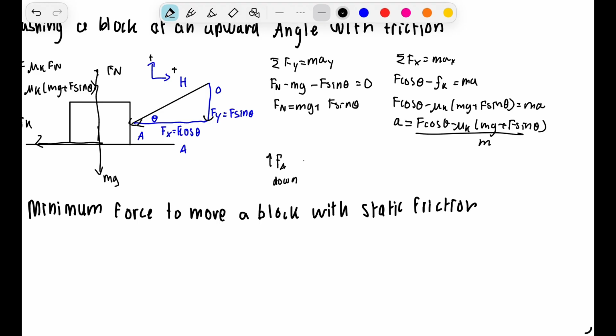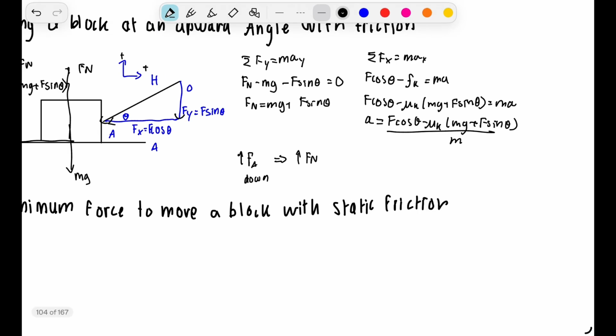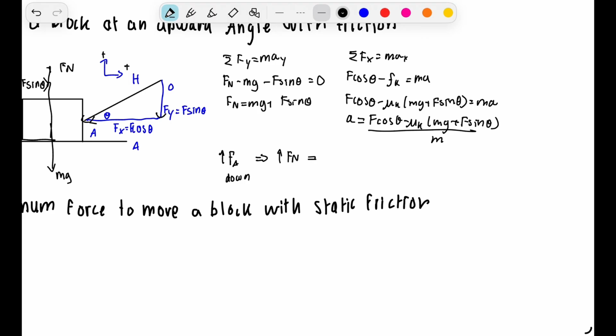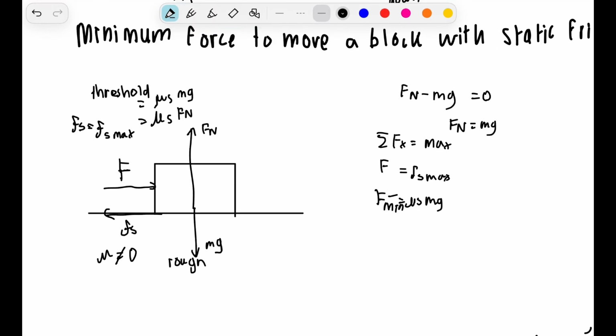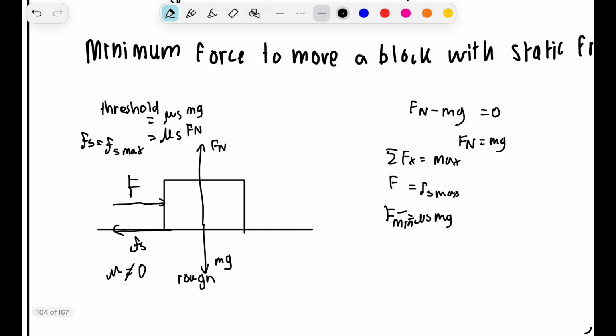So if you push downward, that is going to increase the normal force since you have to have more force to support your object above the surface, and that is going to increase the force of friction that you experience as well. You're still going to have normal force upward, you're still going to have Fg downward, you're going to have your force applied to the right, and then you're going to have a force of static friction that's opposing it to the left. So you're going to have a rough surface, so your coefficient is not equal to 0.